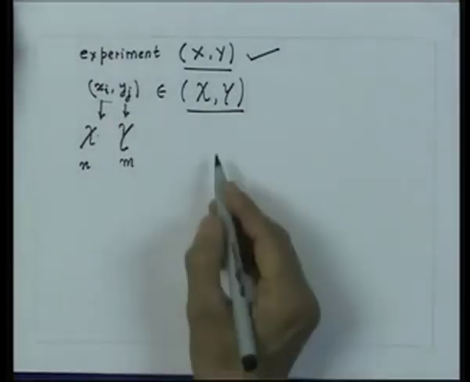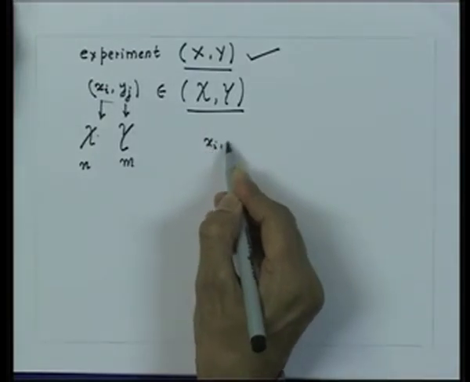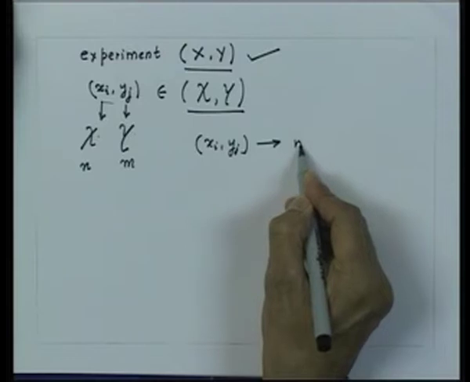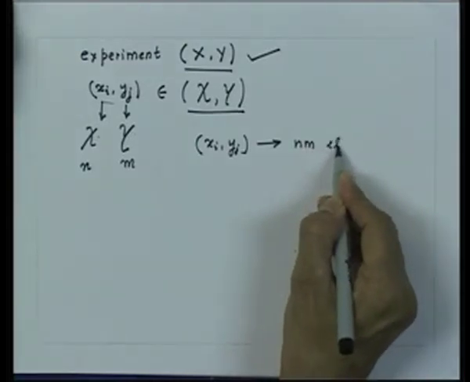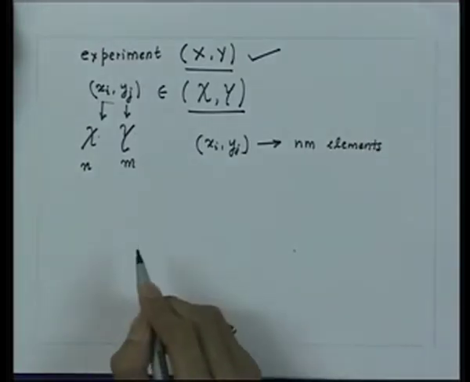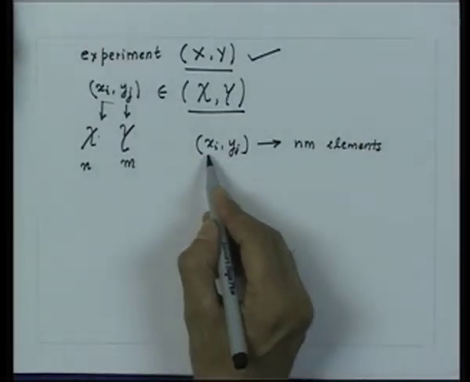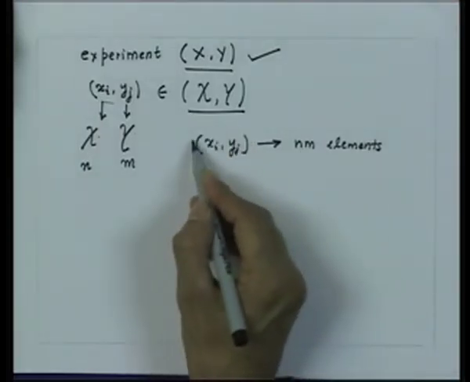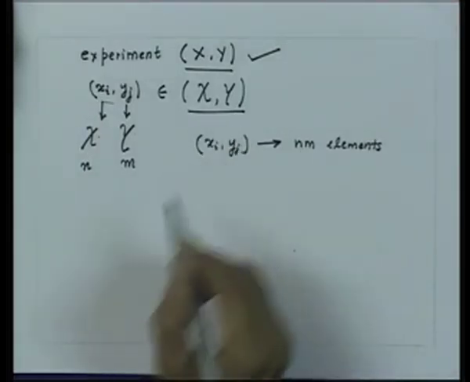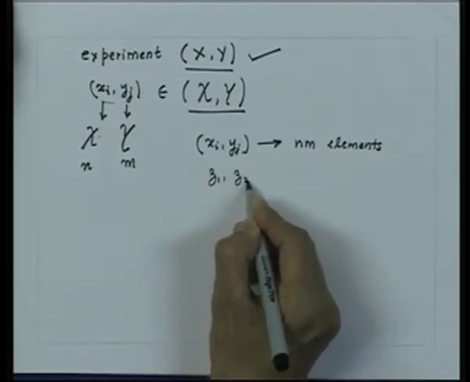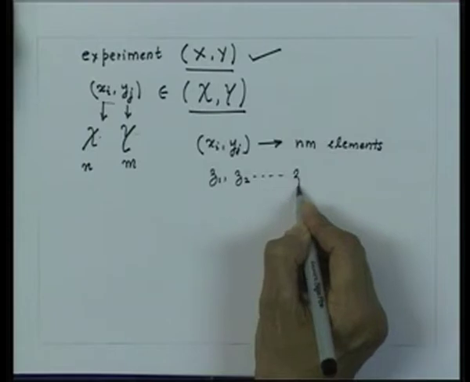So, totally I will have nm elements. Let me indicate these nm elements, given by the joint occurrence of these two events, as z1, z2 up to znm.